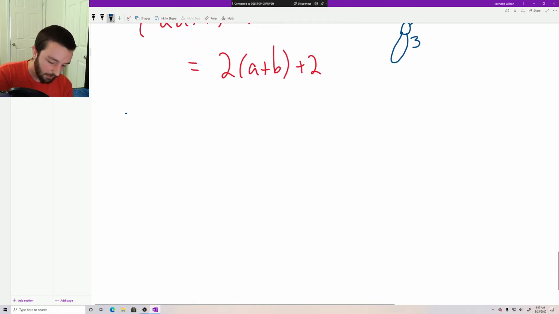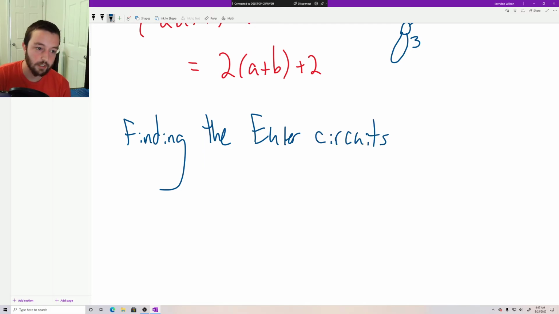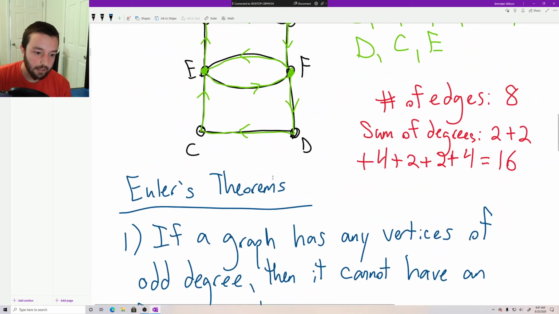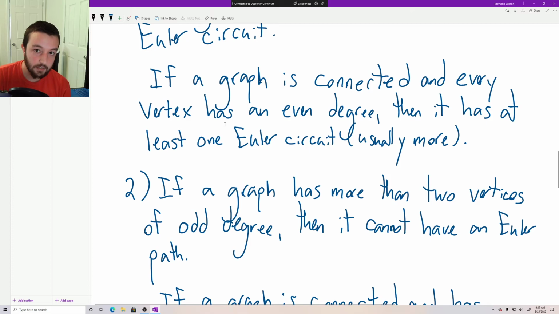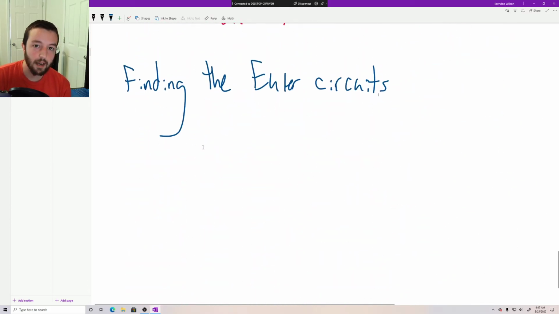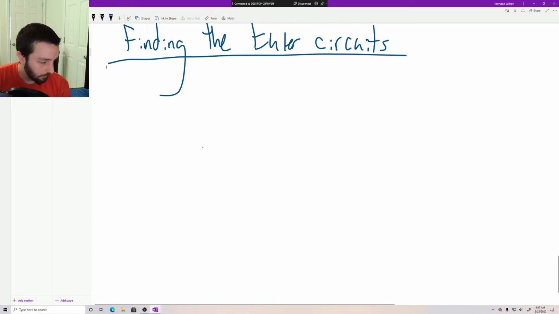So in terms of finding the Euler circuits, for the circuits in particular, we use the first theorem to determine if there is going to be an Euler circuit, namely, are there any vertices of odd degree? If it's connected and they all have even degree, we know there's going to be an Euler circuit, but how do we find it? Okay, so finding an Euler circuit.